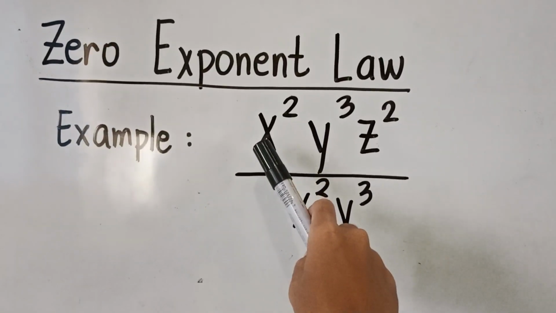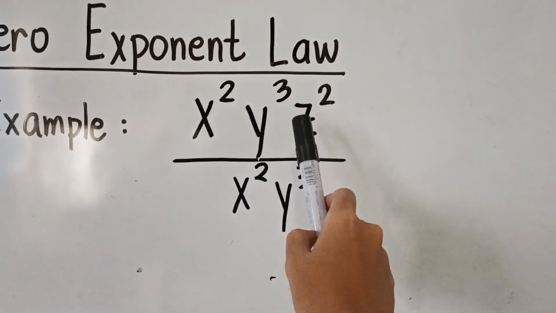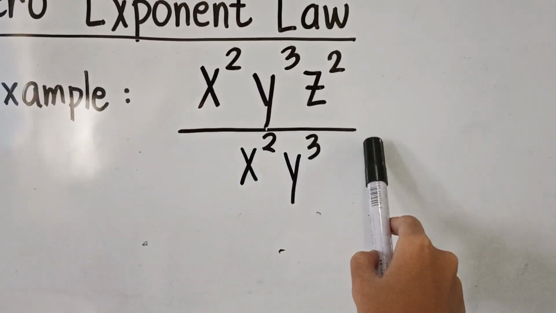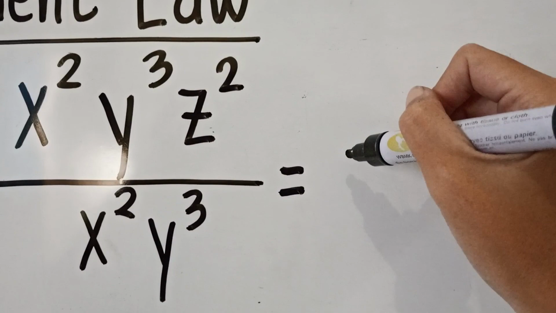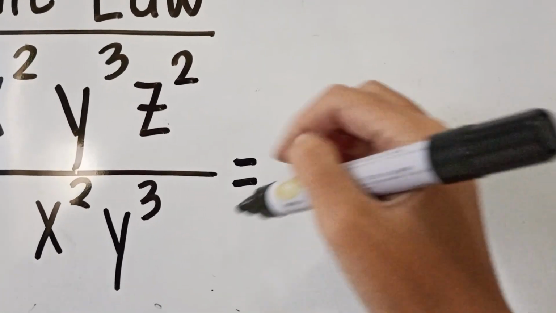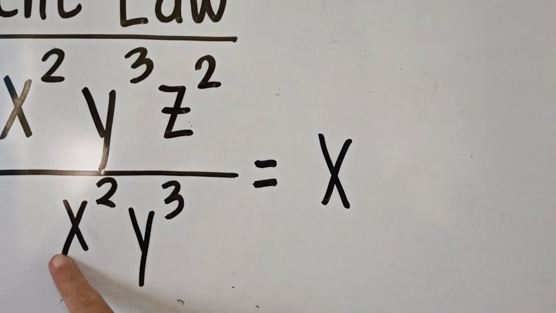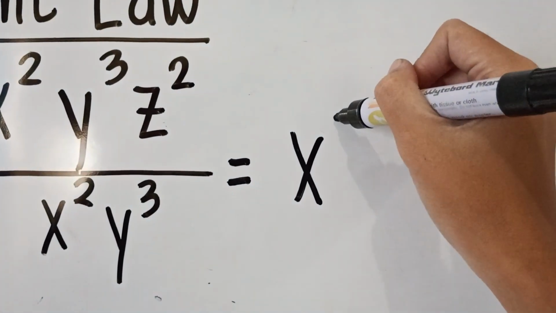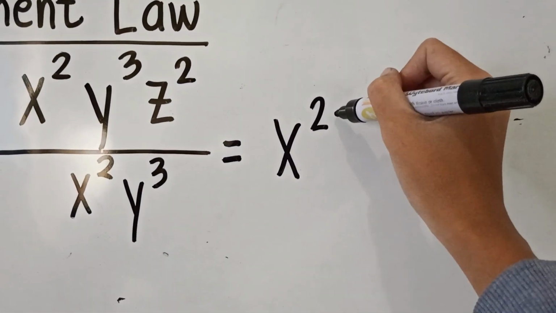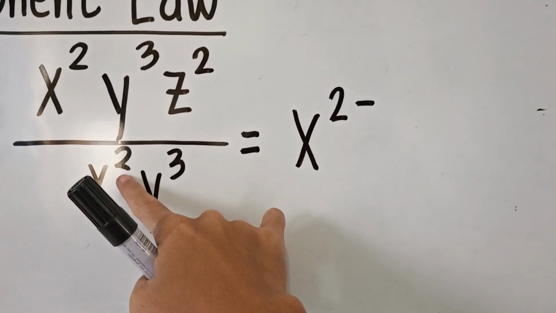One more example, we have x squared y cubed z squared all over x squared y cubed. So we're gonna apply the quotient law since we're having division here. So let's have the variable x first, then copy 2, and then subtracted with another 2.